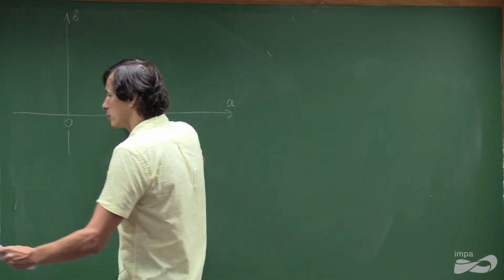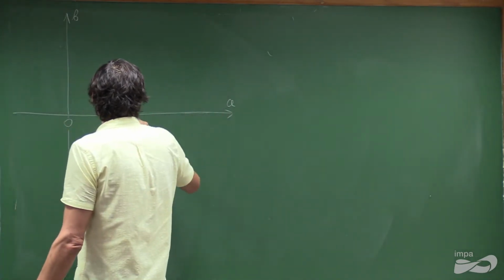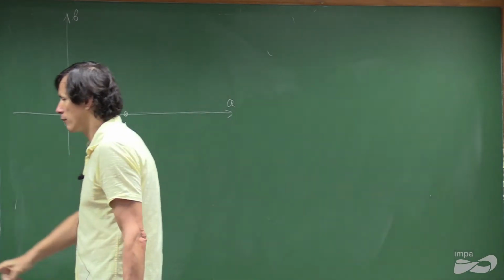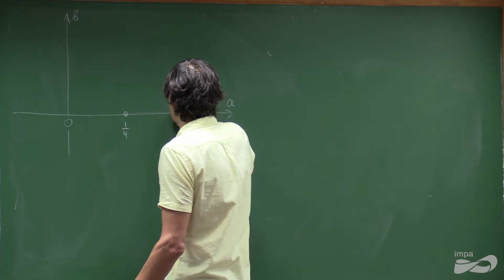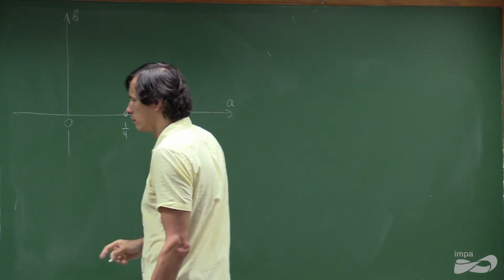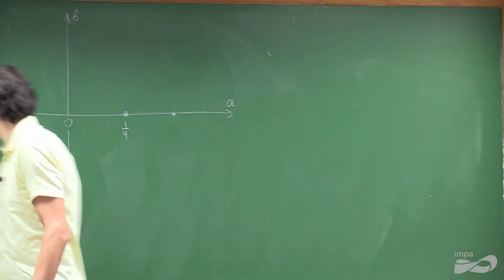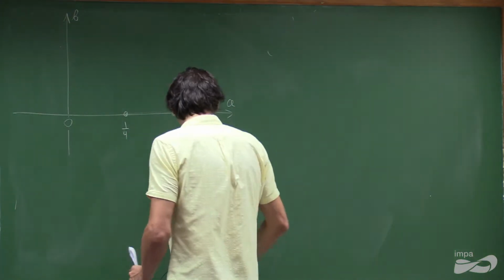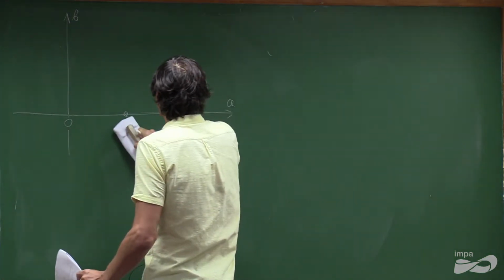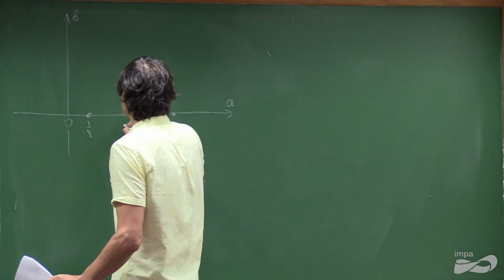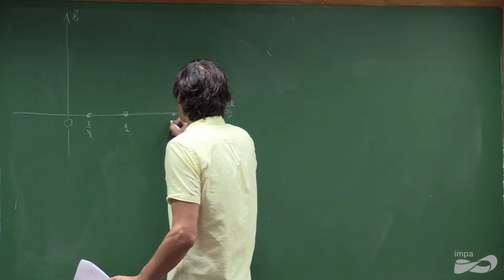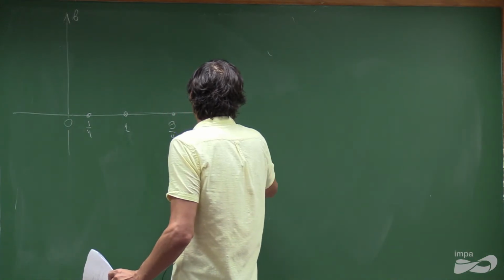There is one point where A equals 1 divided by 4. The next special point will be 2 squared over 4 squared, which is 1. Oh, no, not good. Let's put it 1 over 4. The next point will be 1. The next point will be 9 divided by 4, and so on.